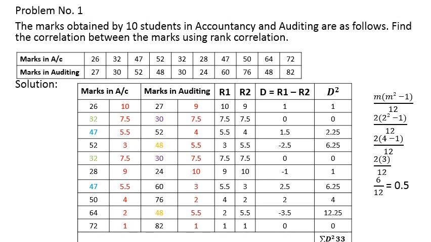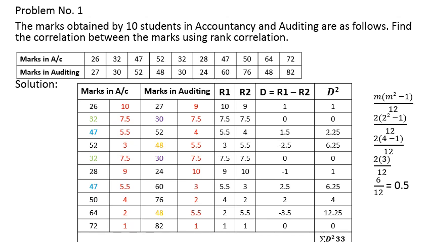Now how to solve this? First you note down marks in accountancy, then marks in auditing. Then you have to highlight the values which are repeated. In this slide, I highlighted them in different colors. In your notes, you have to highlight or underline the repeated values in different designs.